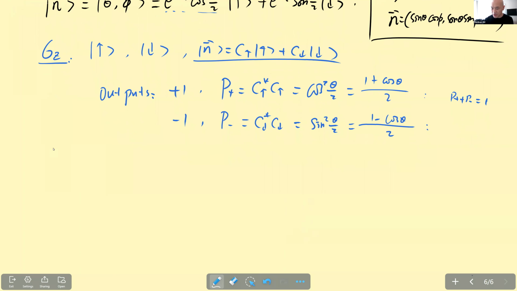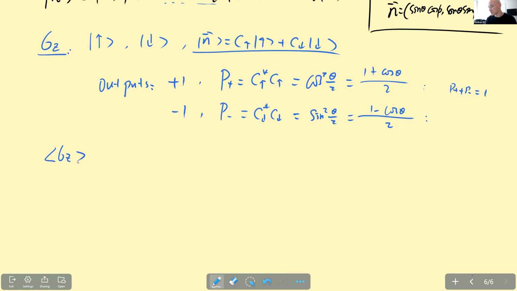So what's the expectation value? That's +1, one possible output, times this probability, plus the other output times the other probability. So this will be p plus minus p minus, which is nothing but cosine theta.